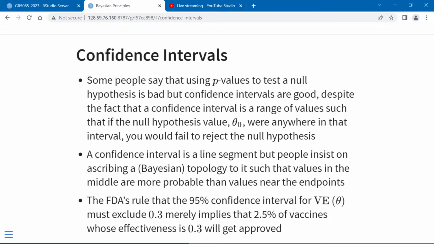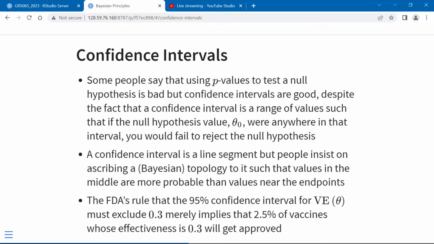But one correct interpretation of a confidence interval is that it is a range of values such that if your null hypothesis were anywhere in that range of values, you would fail to reject the null hypothesis. So this position of a disturbingly large number of people, that testing a null hypothesis using p-values is bad and confidence intervals are good, really makes no sense.